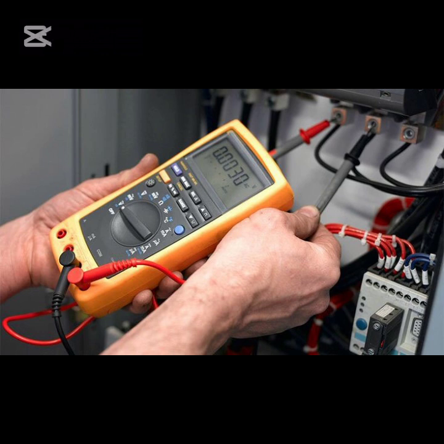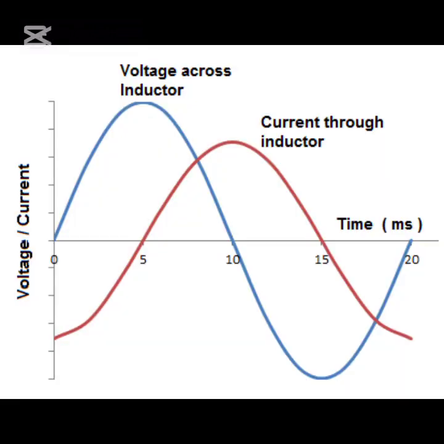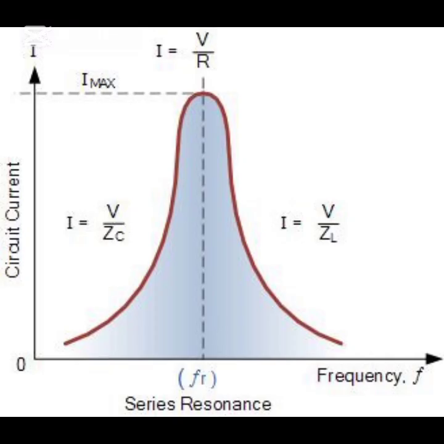Inductance limits the rate of change of current in the transmission line, which can affect the transmission of high-frequency signals. 3. Phase shift. Inductance causes a phase shift between the voltage and current waveforms, which can lead to distortion and interference. 4. Resonance. Inductance can cause resonance in the transmission line, leading to voltage and current amplification at specific frequencies.